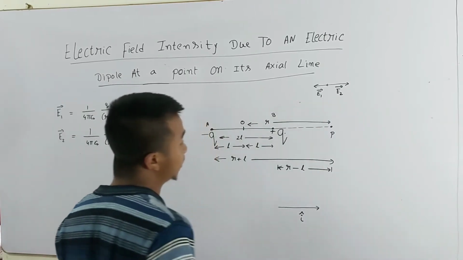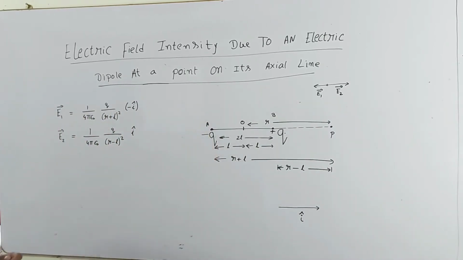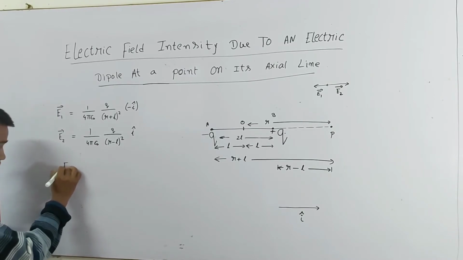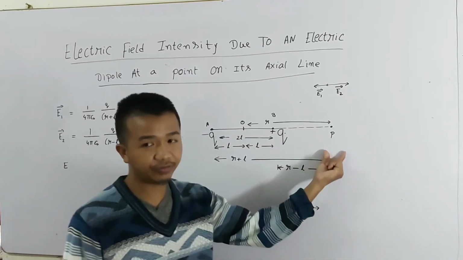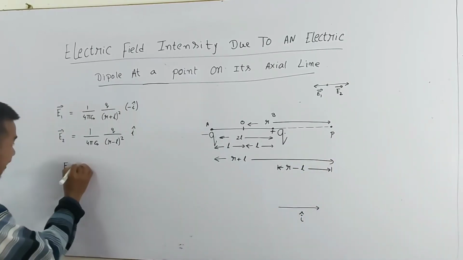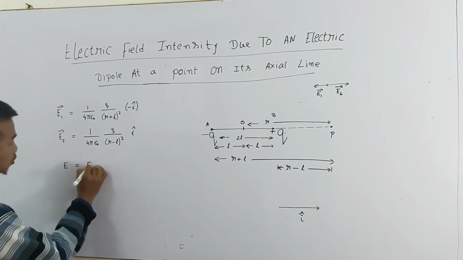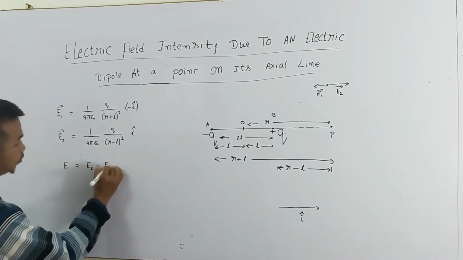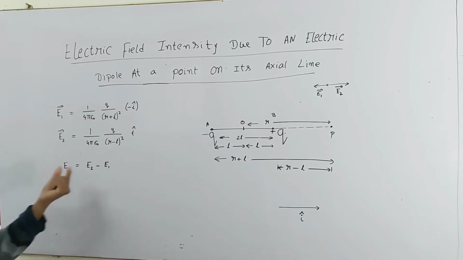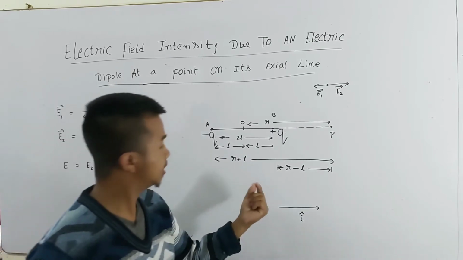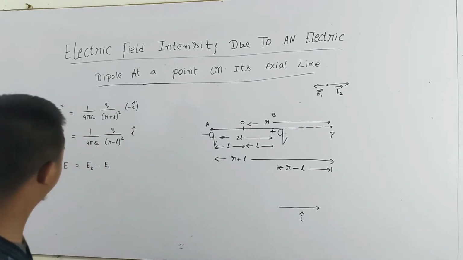E1 and E2 are collinear, and also they are opposite in direction. So the net field at P can be written as E2 minus E1. So the magnitude of the net field at P is E2 minus E1.